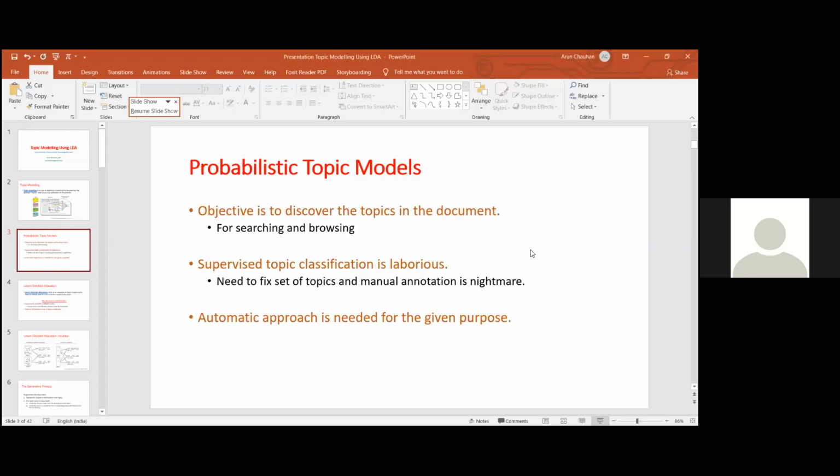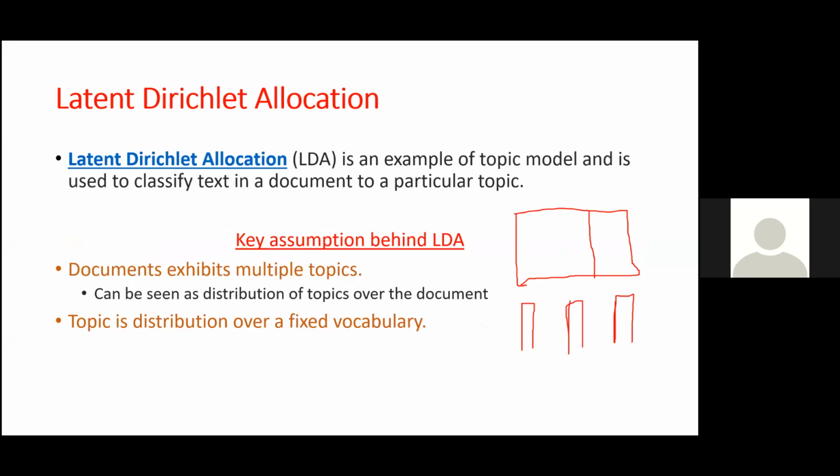So this document has three topics involved, and the distribution of topics on this document is 0.7 Bollywood, 0.25 politics, and 0.05 international. So it adds up to one.